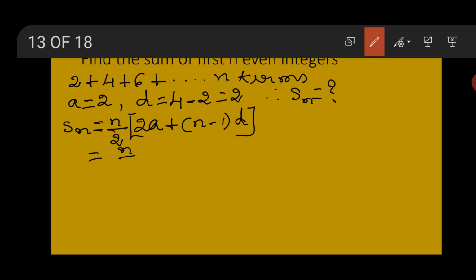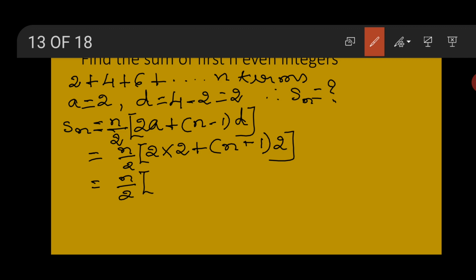Substitute the values of a and d here. 2 into the value of a, which is 2, plus n minus 1 into the value of d, again 2, is equal to n by 2 into 2 twos are 4 plus 2n minus 2. Simplify: n by 2 into 2n, 4 minus 2 is equal to plus 2.